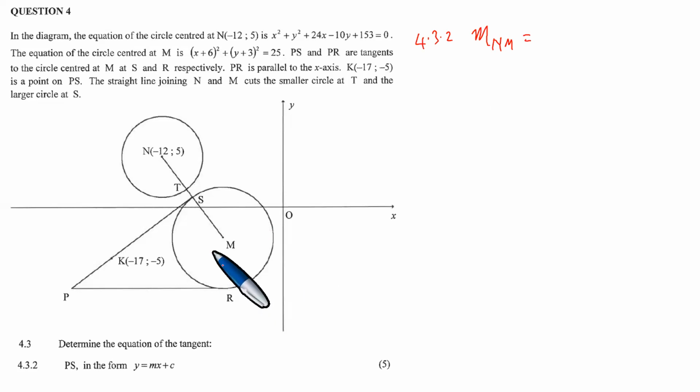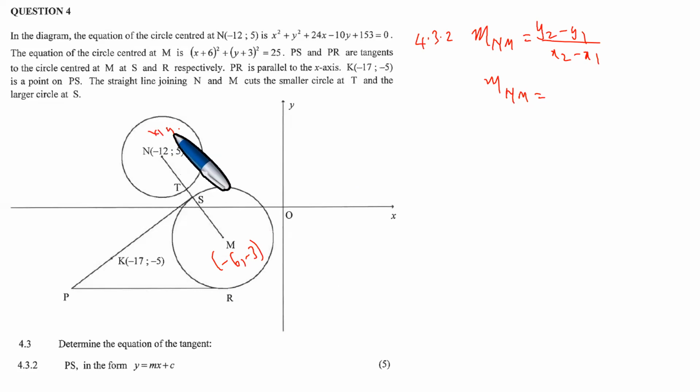Right, N has the coordinates -6, -3. So it is y2 minus y1 over x2 minus x1. So this one NM is x1, y1. What is y2? y1, x2, x1.